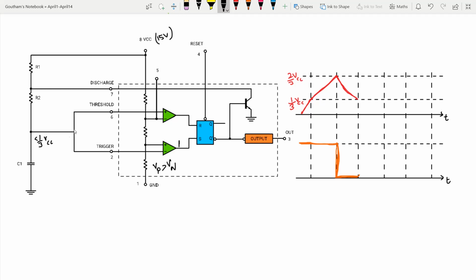The threshold is somewhere around 1/3 VCC, but this is always 2/3 VCC, that is nothing but Vp is less than Vn, so the output of this comparator is 0. That is nothing but the set is 1, that means this output is 1, and that means Q bar is 0, and the output becomes 1.